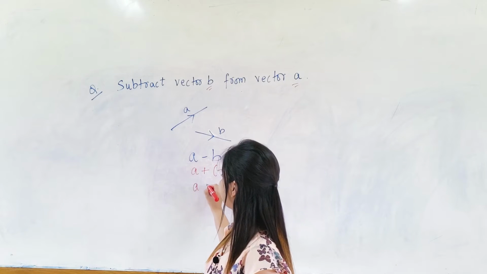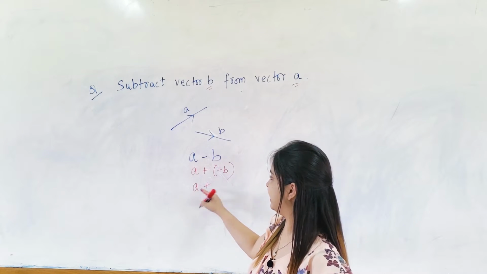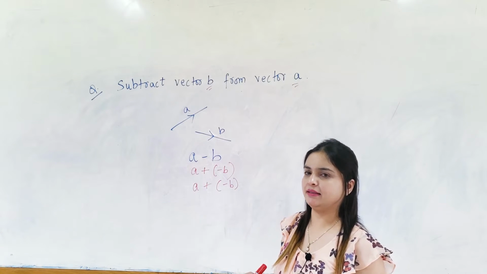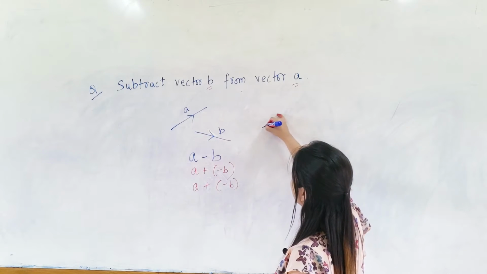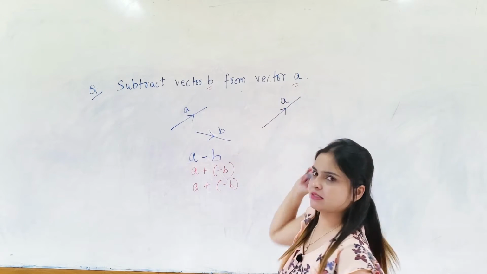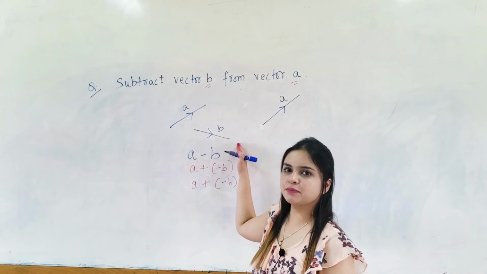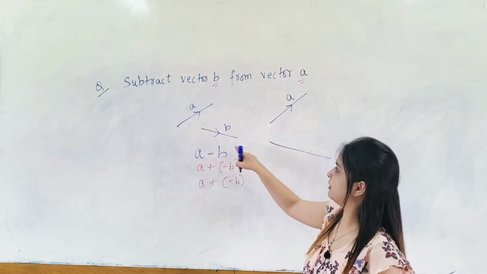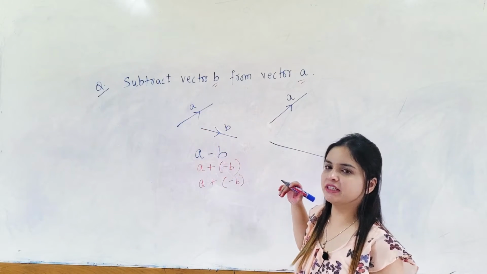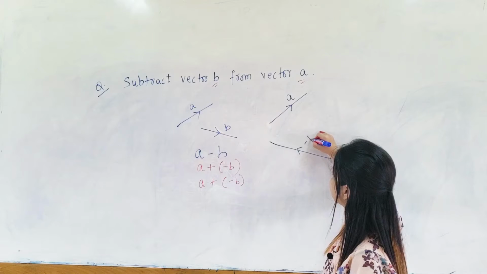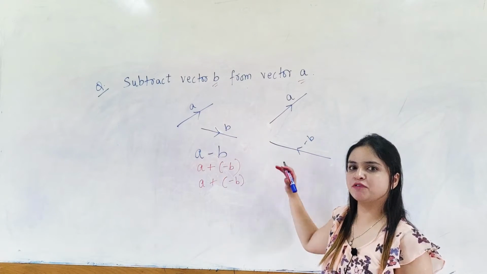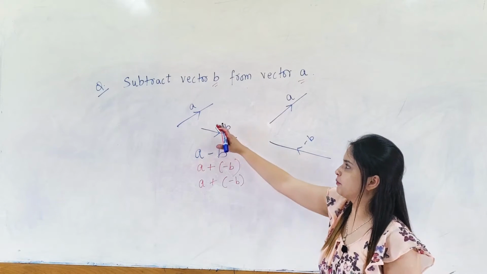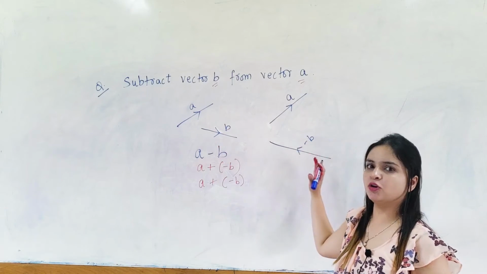So that means you have to find the resultant of vector A and minus B. So A will remain as it is. If this is my B, what will be minus B? See, B is going in the downward direction. That means minus B will be the same as B, of same magnitude. The only difference will be the direction. So if B is going down, minus B will go up.